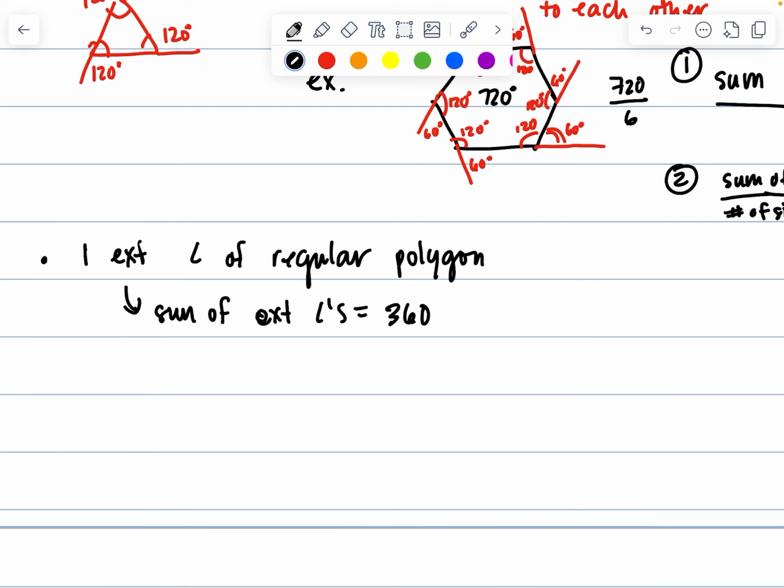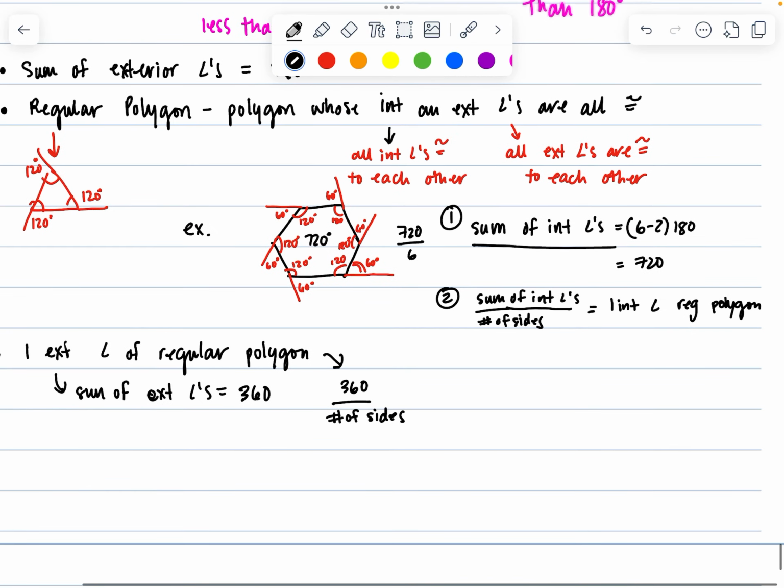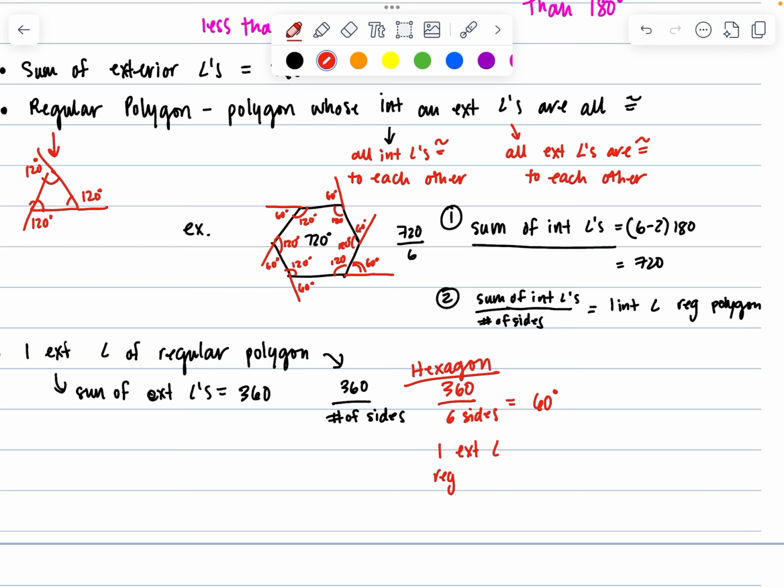So we could solve for that really quickly by taking 360 degrees divided by the number of sides. So for instance, if we did this for a hexagon, 360 divided by 6 sides would be equal to 60 degrees. So that means one exterior angle for a regular hexagon is equal to 60 degrees.